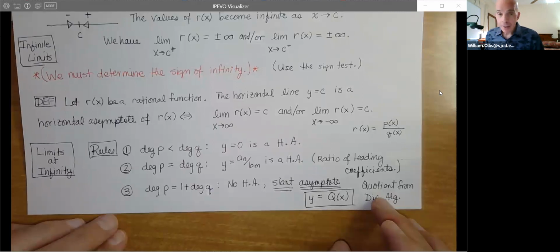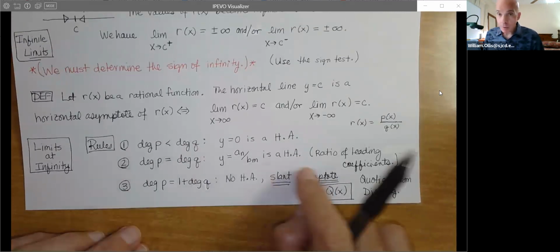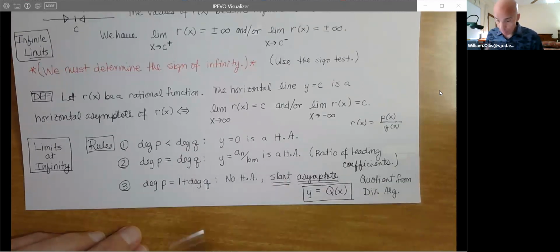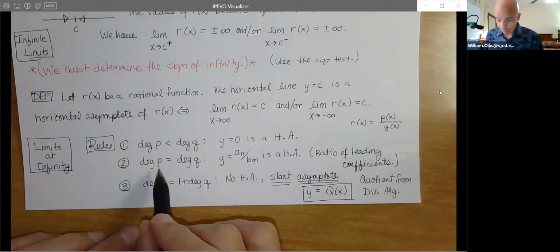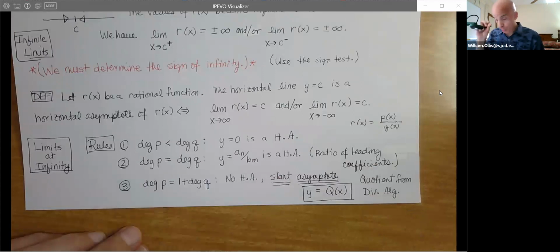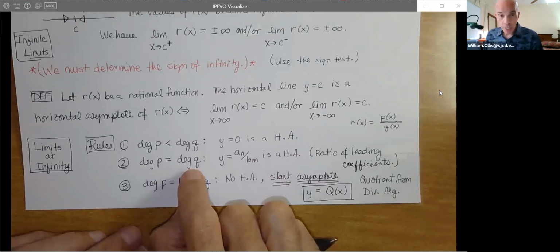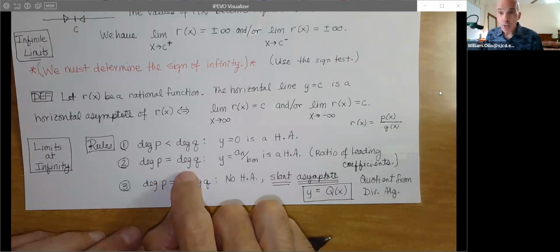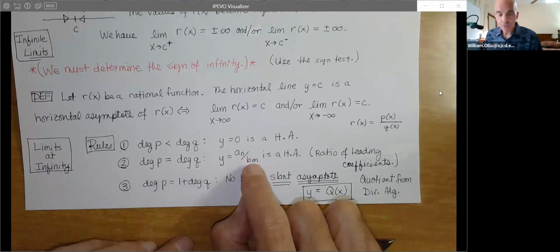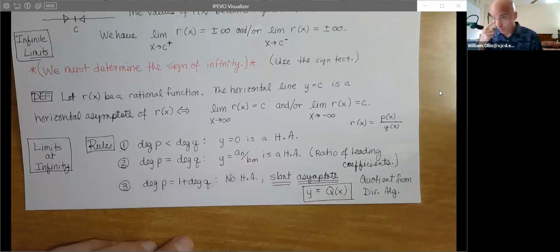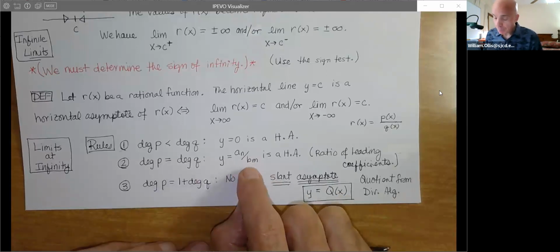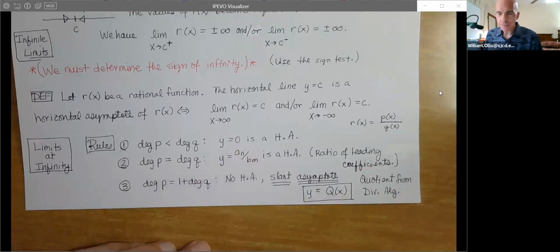Now, the next condition for a horizontal asymptote is number 2 here. That is when the degree of the numerator equals the degree of the denominator. That's another case of a horizontal asymptote. How do we get it? Like I've said before, and I've alluded to this in the first and second week, we take the ratio of the leading coefficients.